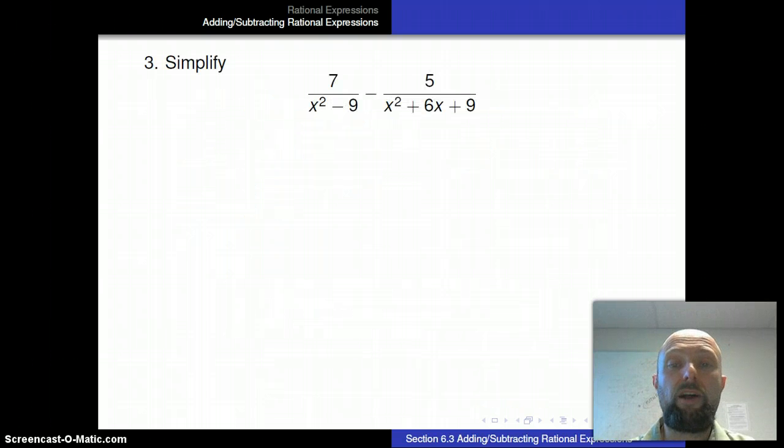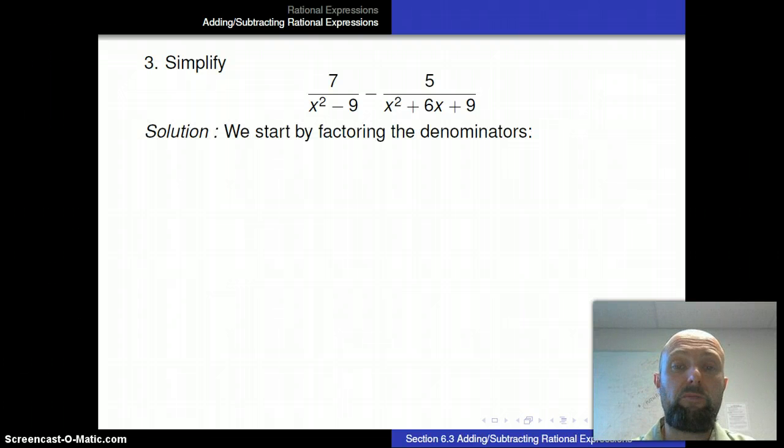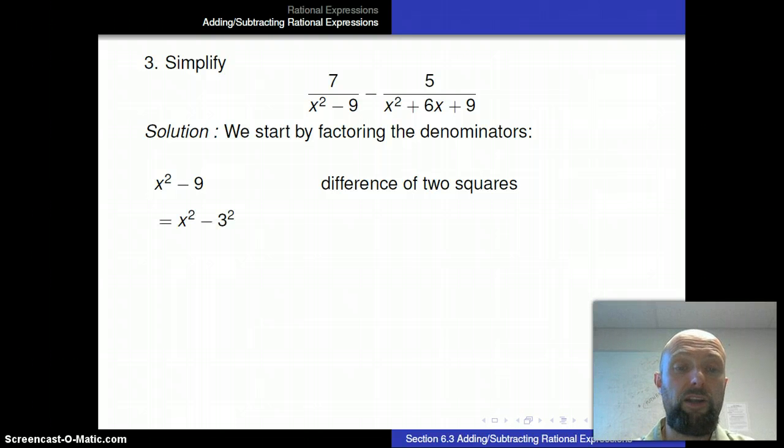Question 3. Simplify the following subtraction. We start by factoring the denominators. For x squared minus 9, notice that this is a difference of squares. So we rewrite it as x squared minus 3 squared and then use our formula.